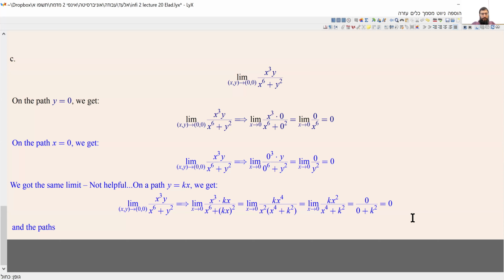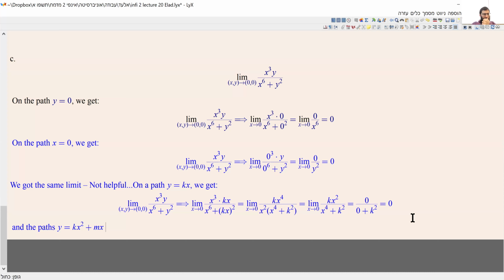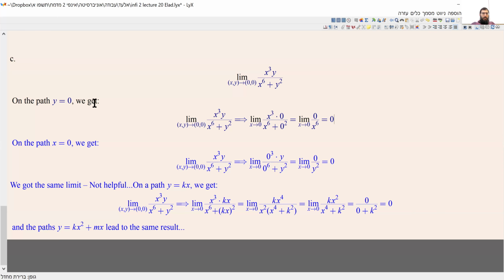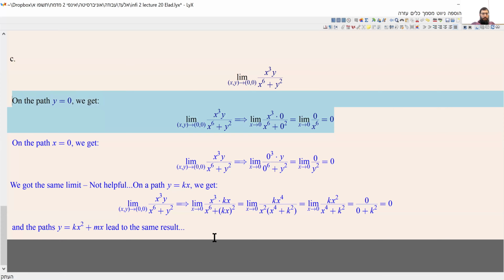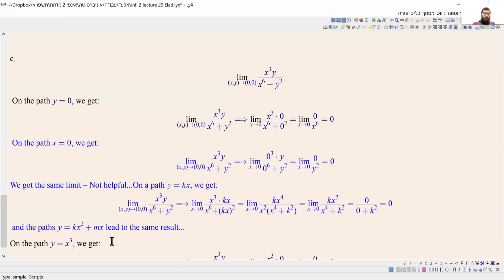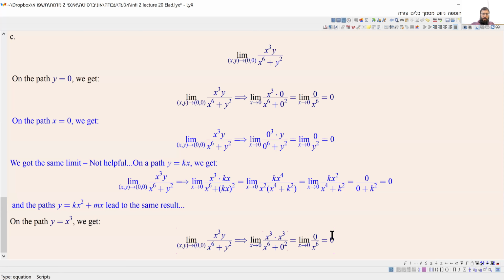And one can check the path y equals kx squared plus mk will lead to the same result. As mentioned here, we do have hope going on the path y equals x cubed. Then finding the terms arranged in the way we need.